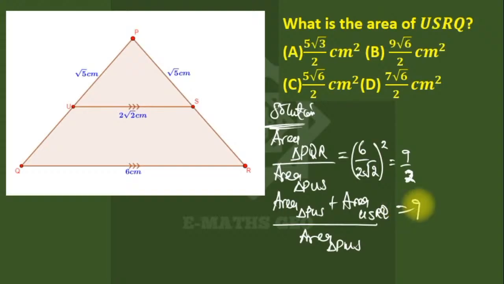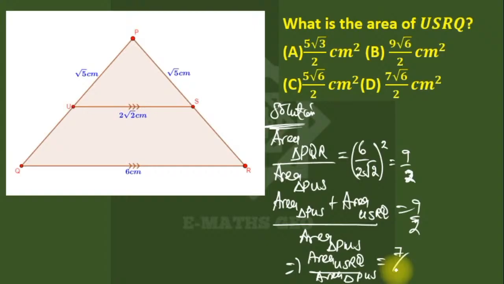This is 9 over 2, and this is 1. This is 1 plus this over this, which implies that the area of UXRQ to that of PUS will now be 9 over 2 minus 1. You get this over this is 1 plus that. So 9 over 2 minus 1 is now 7 over 2.